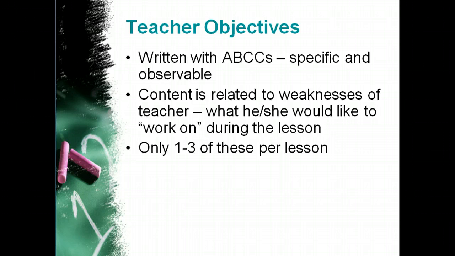A teacher can't concentrate on more than 1 or 2 things ourselves when we're trying to improve on our teaching abilities. An example of a teacher objective might be learning all of the students' names by the end of the period, or making contact with and giving feedback to every student in the class by the end of the period.